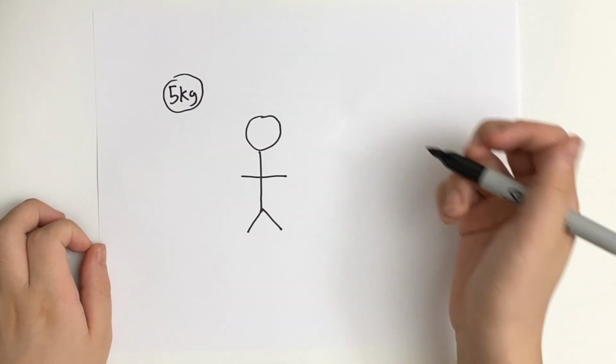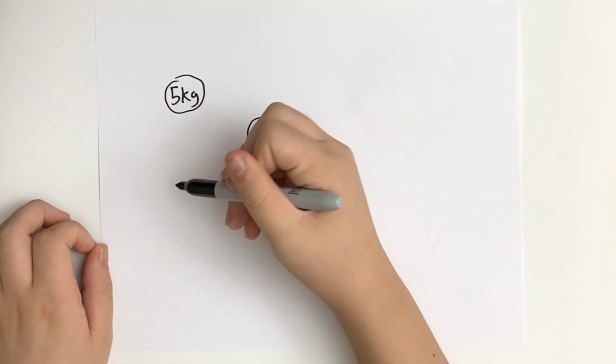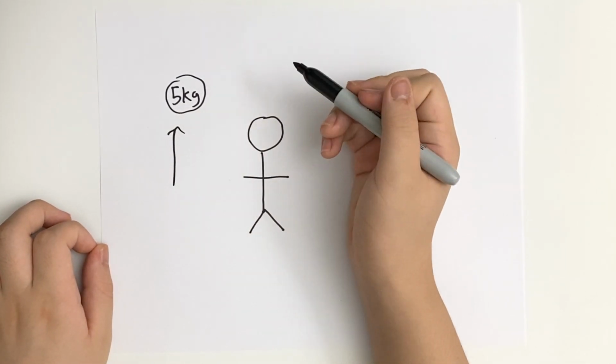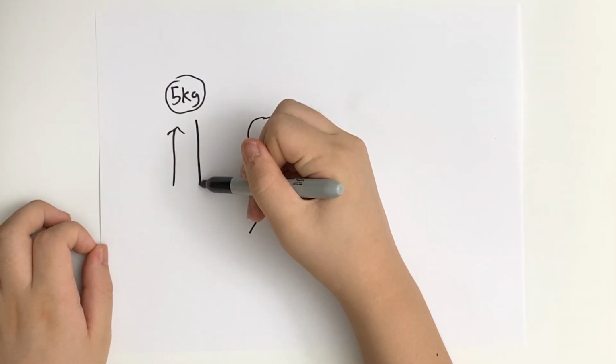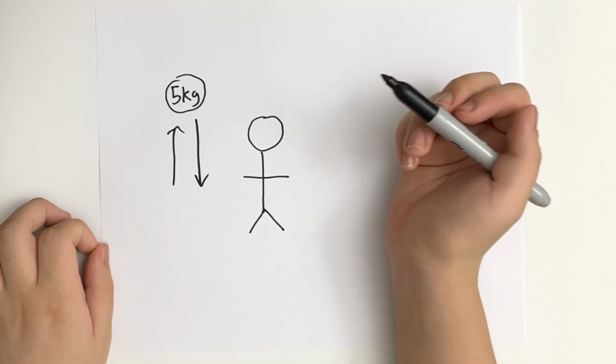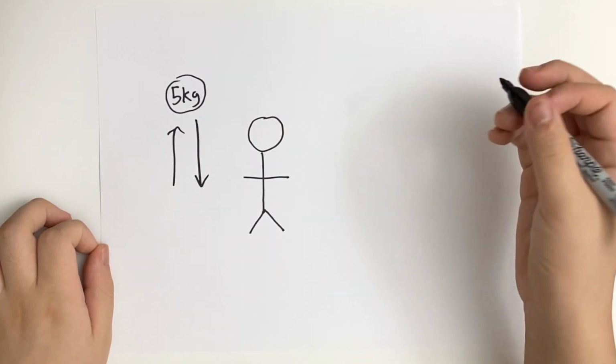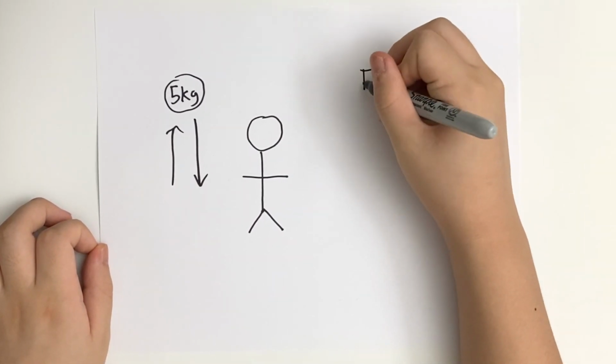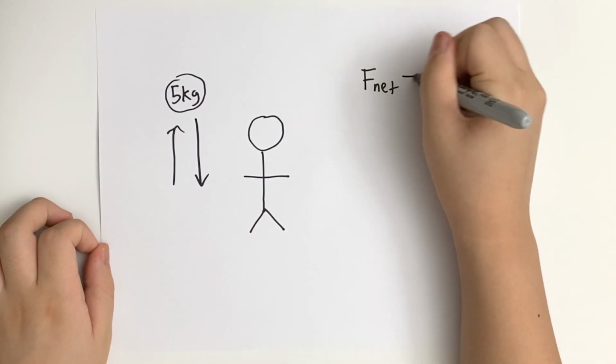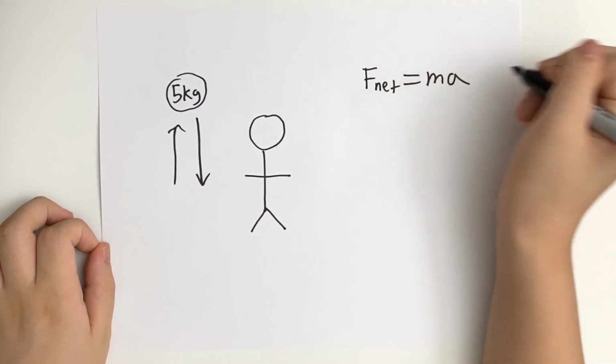Let's say that you throw a 5-kilogram ball straight up into the air, and then it starts to fall back down due to gravity. Well, let's calculate the net force then. The net force, or F net, would be equal to mass times acceleration.